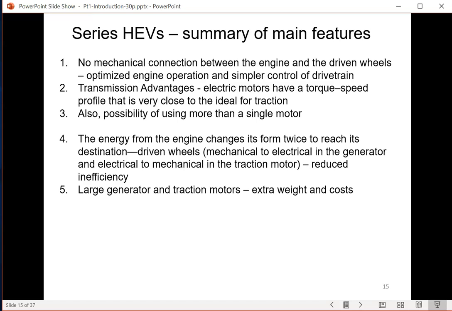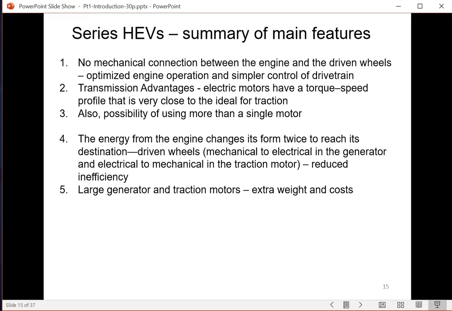The third advantage is that it is possible to use more than a single motor. Now, a lot of hybrid electric vehicles nowadays use a single motor. They replace the engine driving the wheels. But it is possible to have 2 motors for the 2 front wheels, or 4 motors for all four wheels.